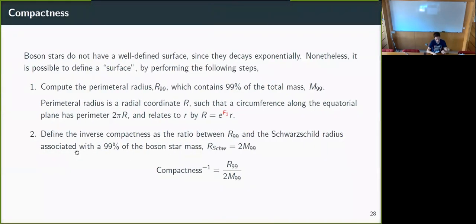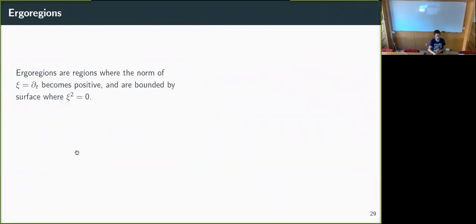Now, some boson stars can develop ergo regions. These ergo regions are regions of the space-time where the norm of the vector ∂/∂t becomes positive. They already talked about this for the case of Kerr. These regions are bounded by an ergo surface, where the norm of ∂/∂t goes to 0.